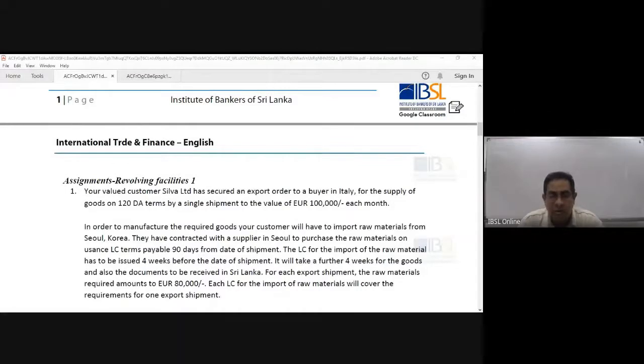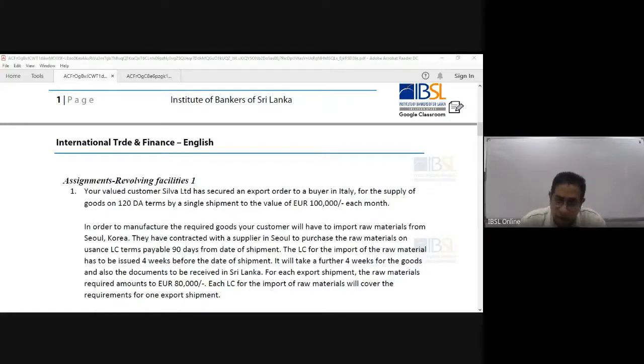But in the case of D terms, the seller has to contract for carriage, whether it's DAP or DDP. In the new version, it's DPU, DAP and DDP. So with all these D terms, the seller has to contract for carriage.